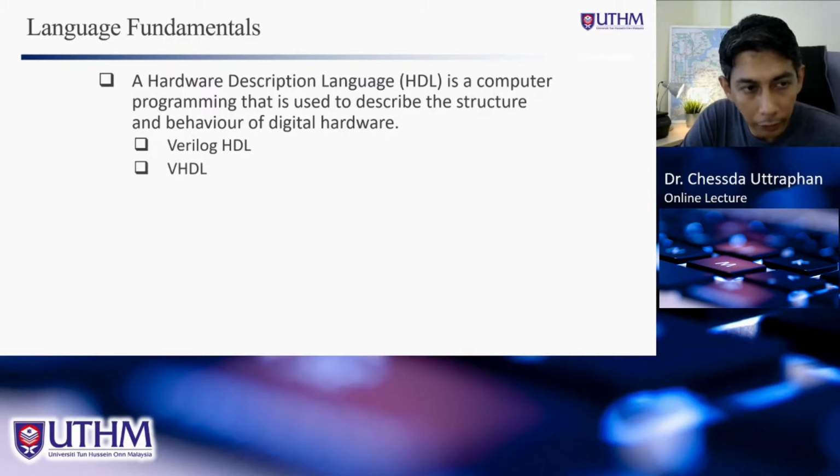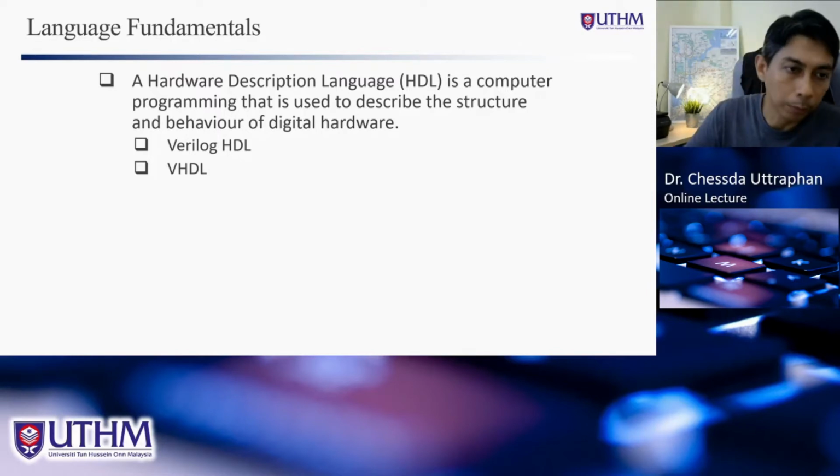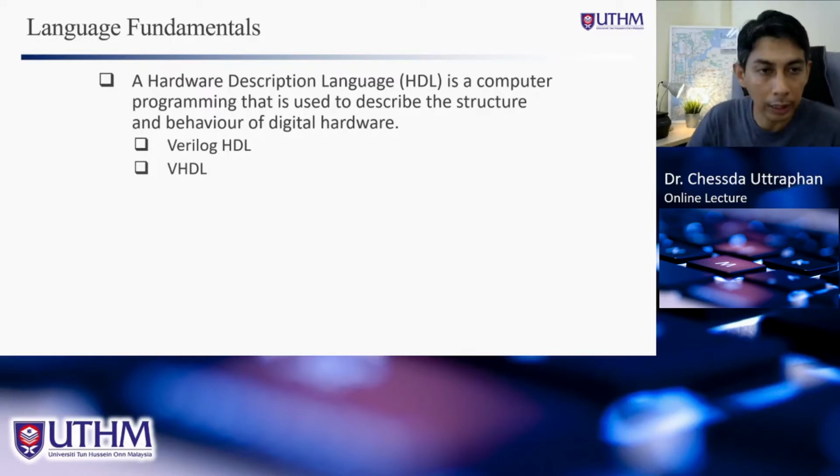The first one is Verilog HDL, and the second one is VHDL, or Very High Speed Integrated Circuit Hardware Description Language. Both are very useful in designing digital hardware. But in our course, we will use Verilog HDL, which is very popular in the industry, right?